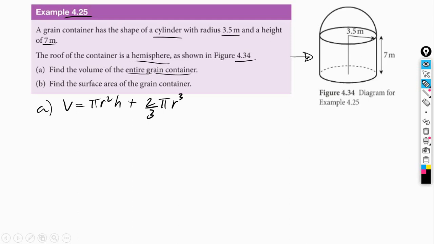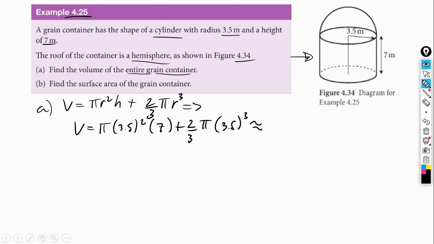Then all we have to do is substitute, and notice that this is going to give us that the volume is equal to pi times 3.5 squared times the height, which is 7 meters, plus 2/3 pi times radius cubed, so 3.5 cubed. Plug this into the calculator, and it's going to give you approximately 359 meters cubed.